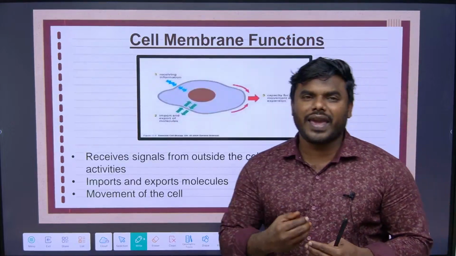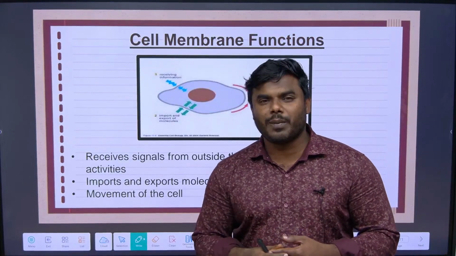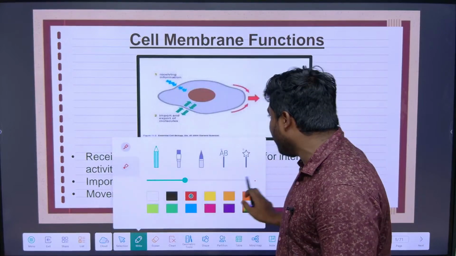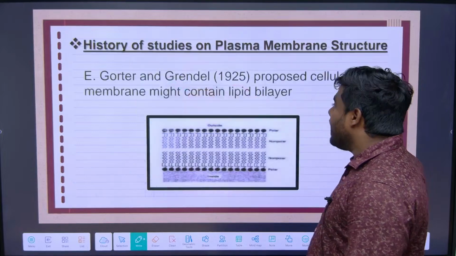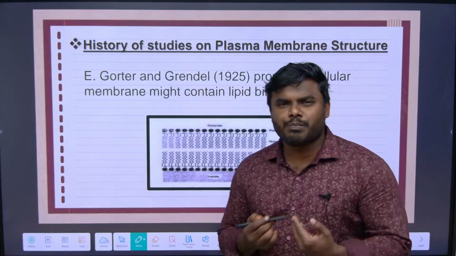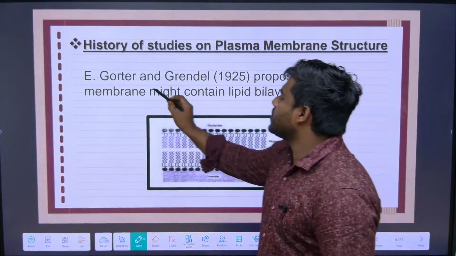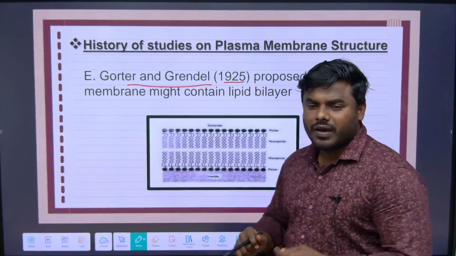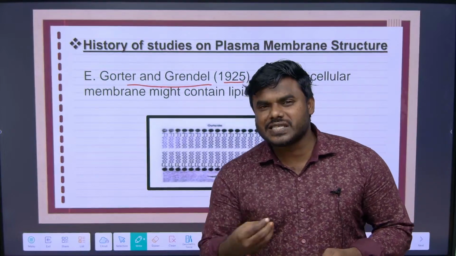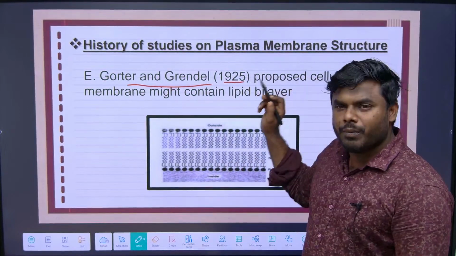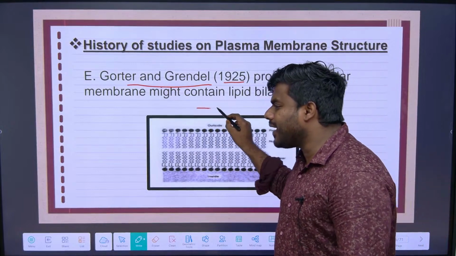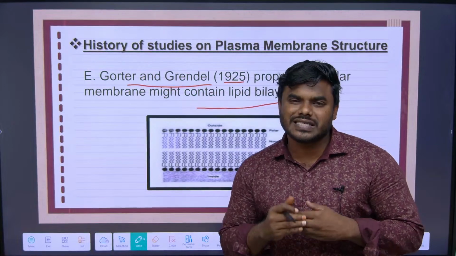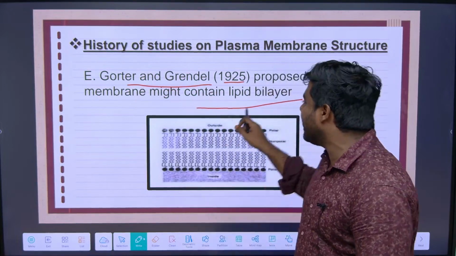In order to explain the structure of the plasma membrane, many theories were proposed. Among those, a simple theory was proposed by Gorter and Grendel in the year 1925. You know what they said? They said that the plasma membrane might contain a lipid bilayer. They did not conclude the statement; they just said that it might contain the lipid bilayer.